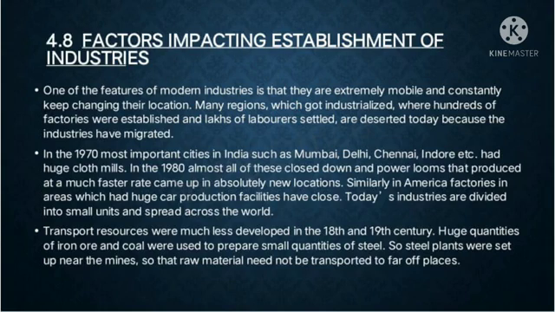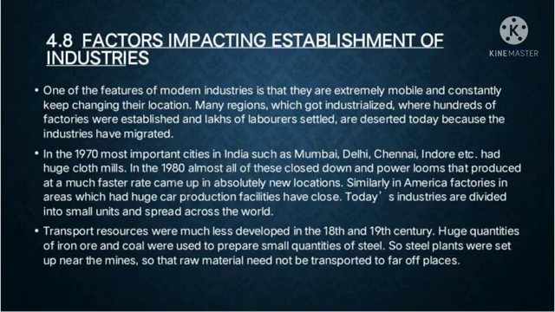In the year 1970, most important cities in India such as Mumbai, Delhi, Chennai, Indore, etc. had huge cloth mills, and in the year 1980 almost all of these closed down, and power looms that produced at a much faster rate came up in absolutely new locations.